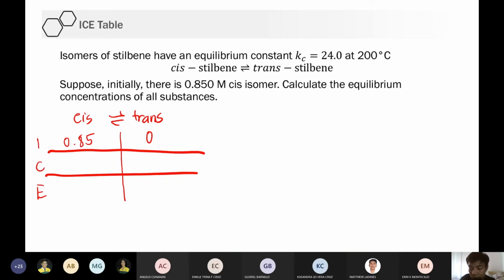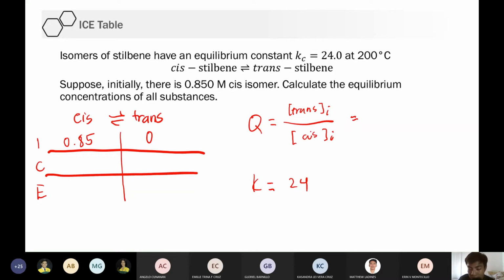So let's compare Q and K. K is already 24, given na yan. How about Q? For Q, the equation can be written as the concentration of trans initially over the concentration of cis initially. Use your ICE table para alam mo yung susulat mo dyan.